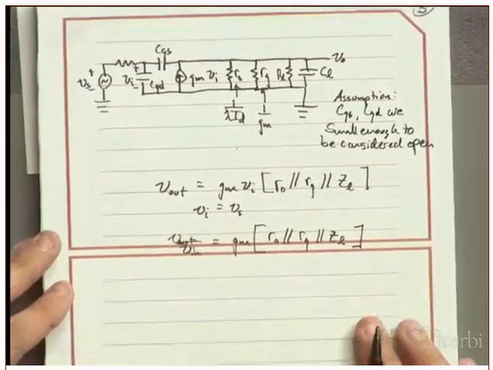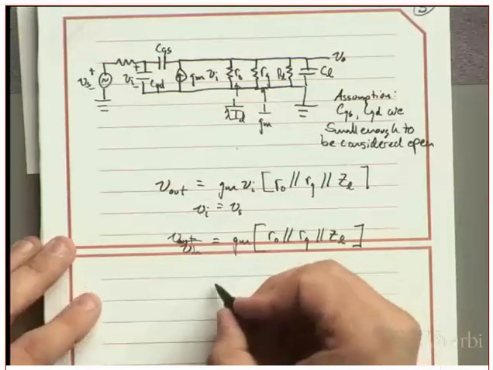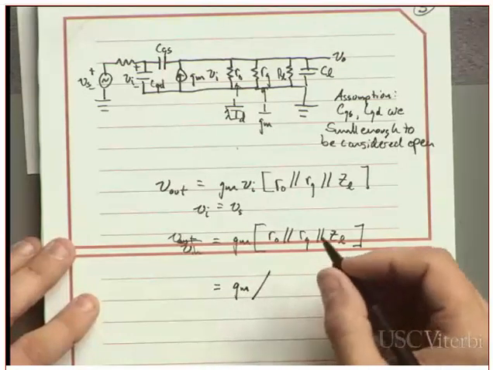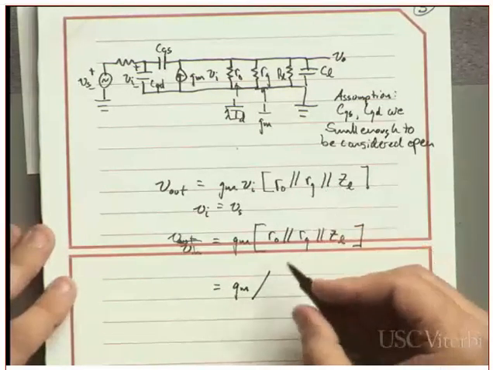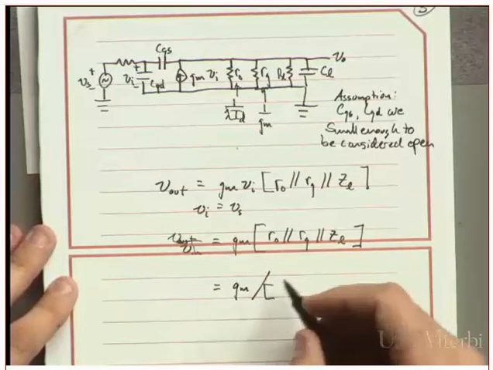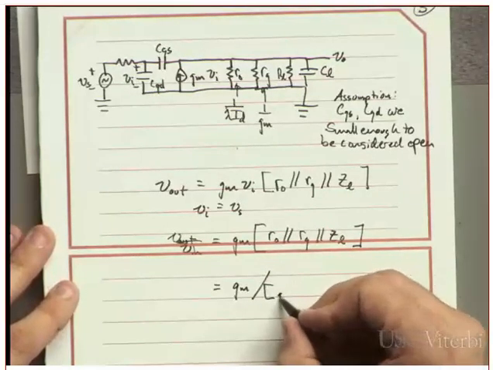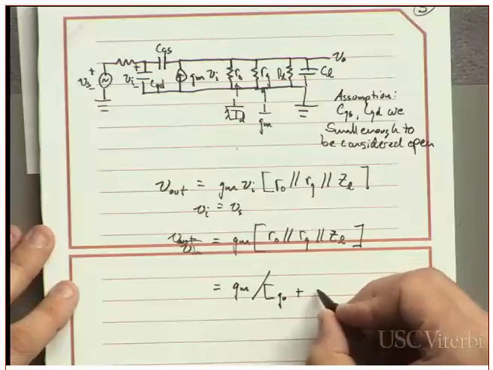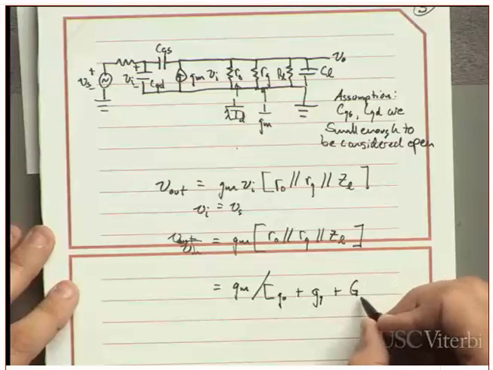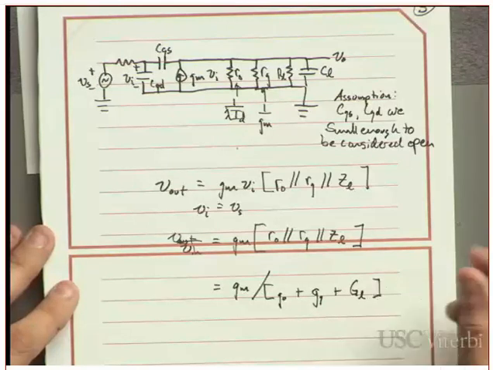And in order to make my life easy, I'm going to now calculate those resistances as conductances instead. So if I do that, it's the transconductance gm times (go plus gg, plus this thing that I'm going to call the load conductance).